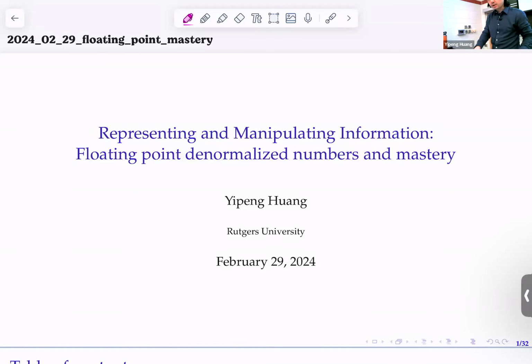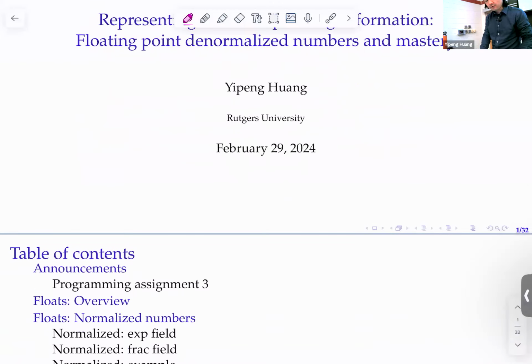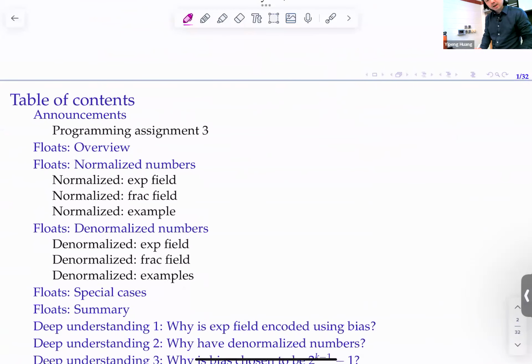So let's continue today. Where we left off before was we motivated why floating point is a good standard. It's got some trade-offs and kind of arbitrary points in it, but most of the floating point number system is a genius design.